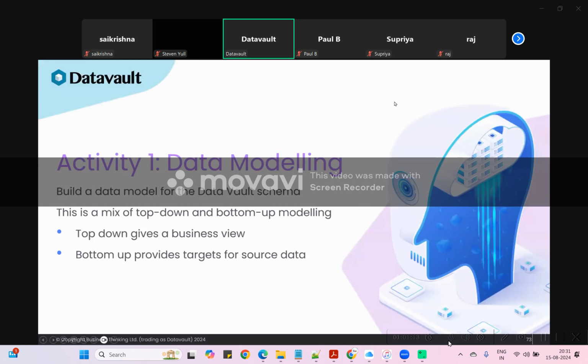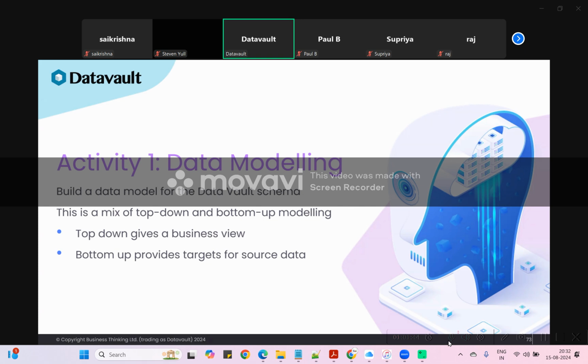So first thing we do is just enough upfront design, and by just enough design I mean take a look at the data itself, understand the data that we're going to be working with, and we do that through profiling and data modeling. So what we need to do is to build a Data Vault model for the system that we're going to be building based on the business context of what we're looking at, the sales process in the organization.